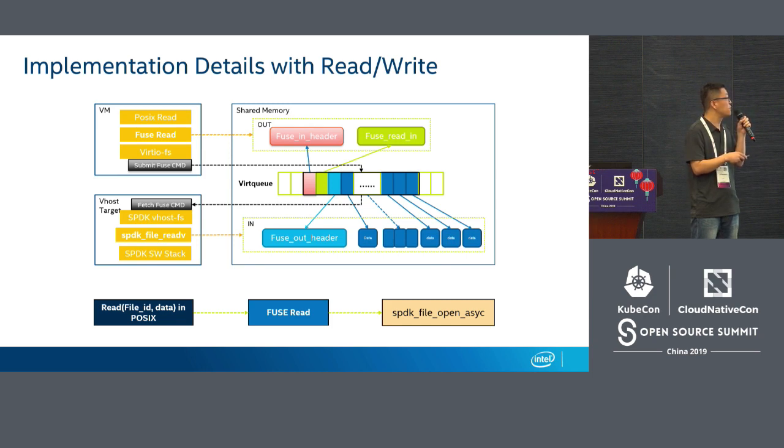And then the fields in header and the fields reading embed the data into a layer, and then for the vhost target, you can see that if it is different, there will be a new request.